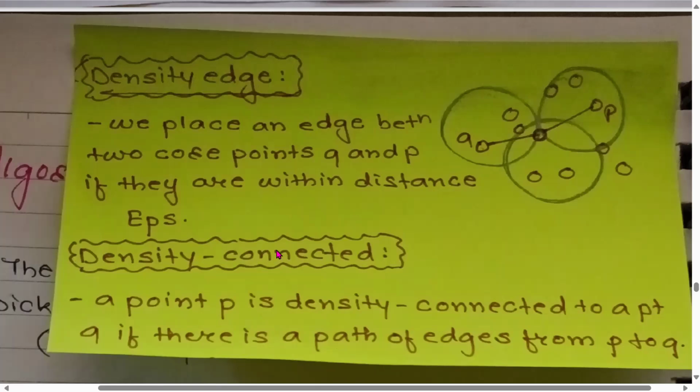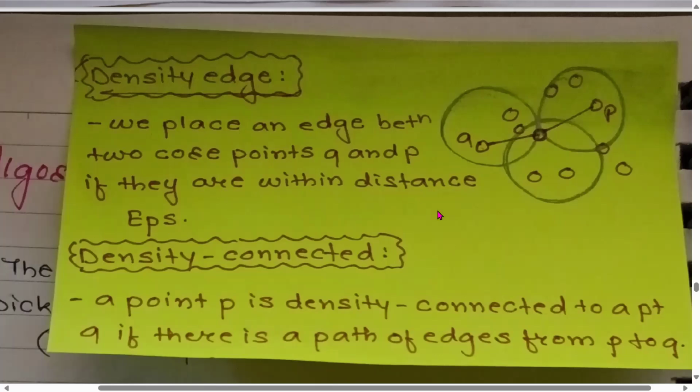Density connected points means a point P is density connected to a point Q if there is a path of edges from P to Q. Density connected means we place an edge between two core points P and Q if they are within distance epsilon.